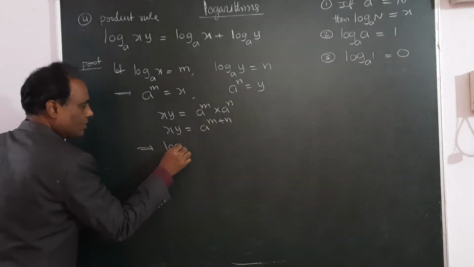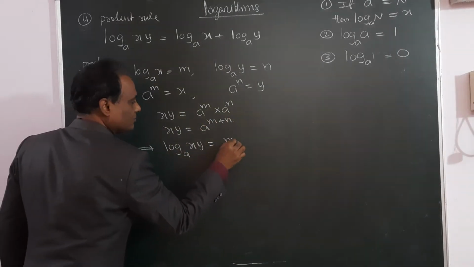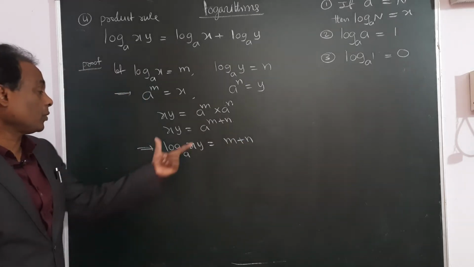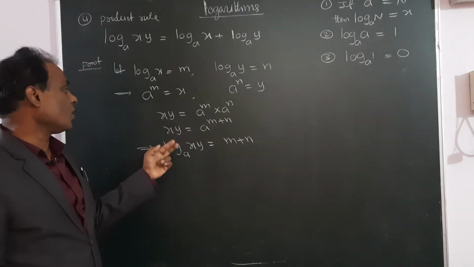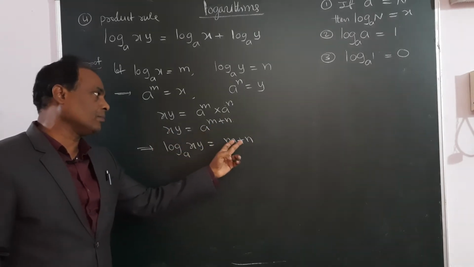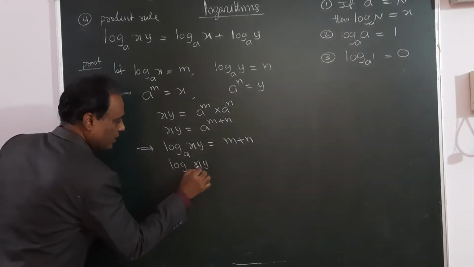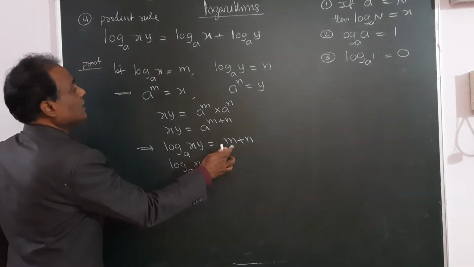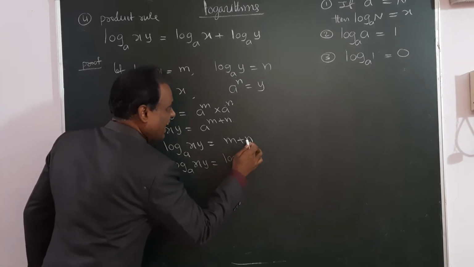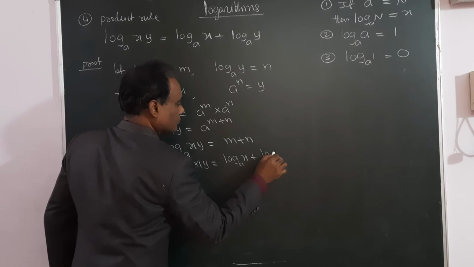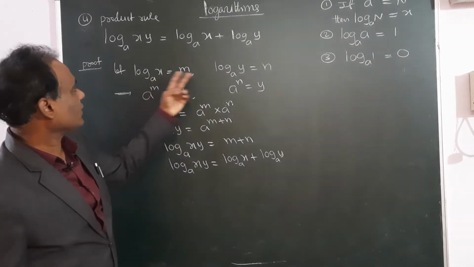How to apply the logarithm? Log xy, base remains base, the index will be the right side. This exponential form can be converted into logarithmic form: log of xy to base a is equal to m plus n. That is the definition of logarithm. That implies log xy to base a is equal to m plus n, where m is this and n is this.